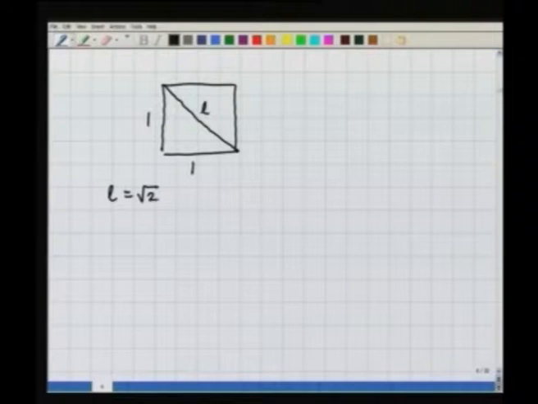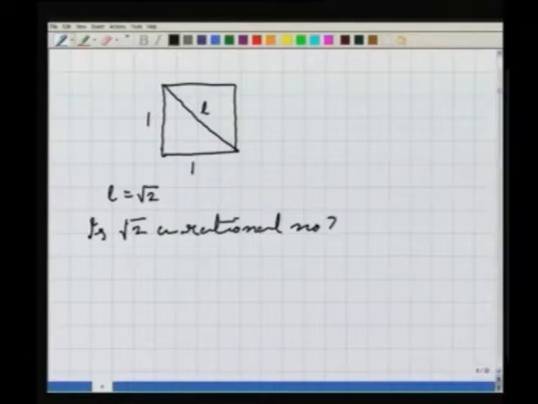This is very well known to us. Now, the question we ask is, is √2 a rational number?